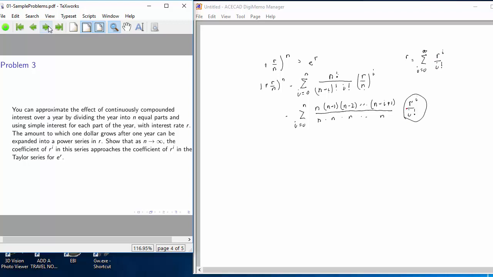Well, let's look at this. n over n is 1. n minus 1 over n is 1 minus 1 over n. n minus 2 over n is 1 minus 2 over n. There are only i of these terms, and the last one is 1 minus i minus 1 over n.